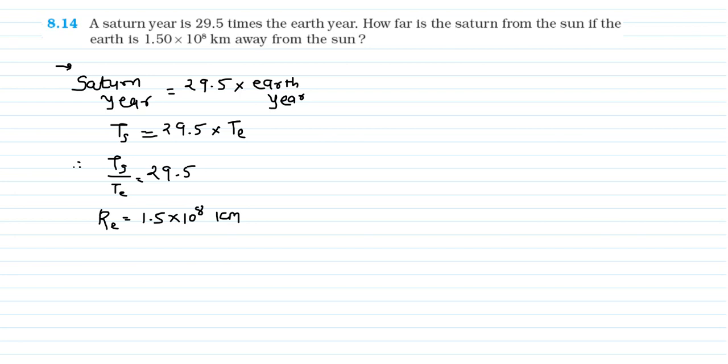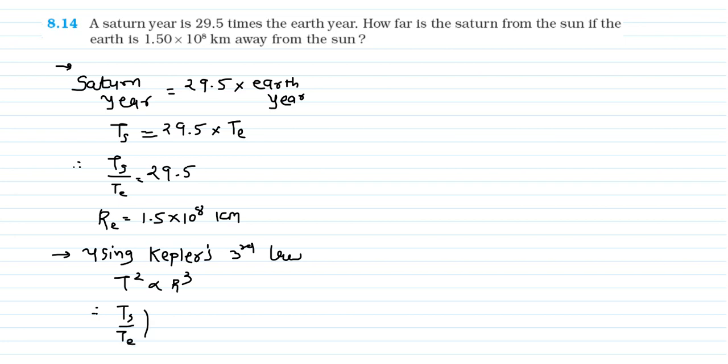Here using Kepler's third law, T square is proportional to R cube, therefore (Ts/Te) whole square is equal to (Rs/Re) whole cube.